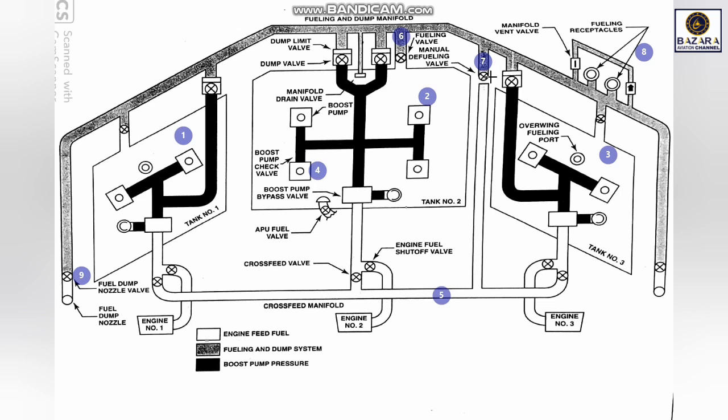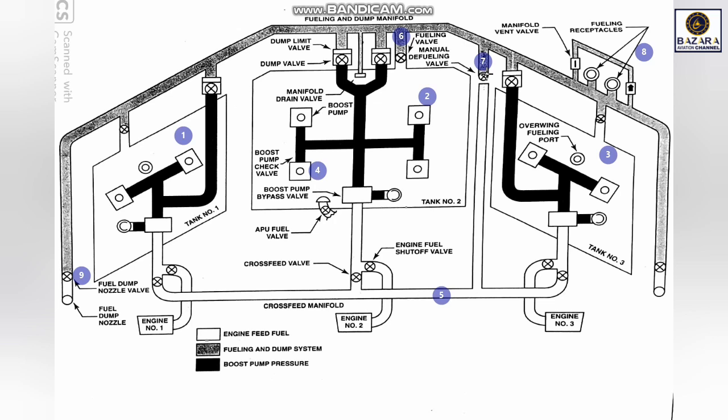We will connect the nozzle of the truck in this area, and the fuel will come from the boost pump to this area and go to the manual defueling valve, and from the manual defueling valve it will go back to the truck, and it will go from here and here, also from this area, and all the fuel from the 3 tanks will go to the manual defueling valve.